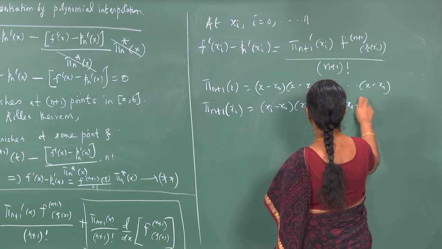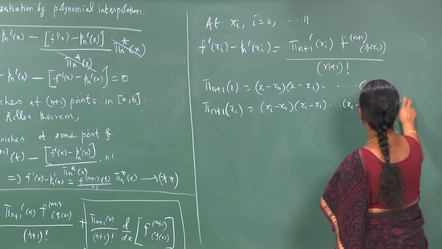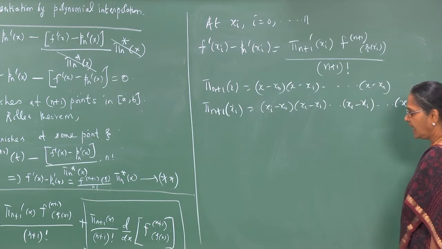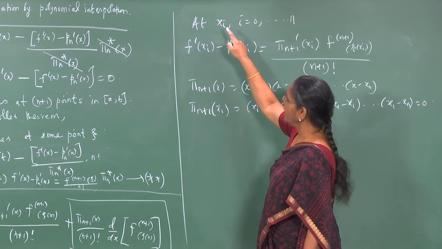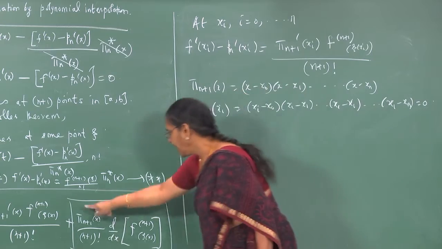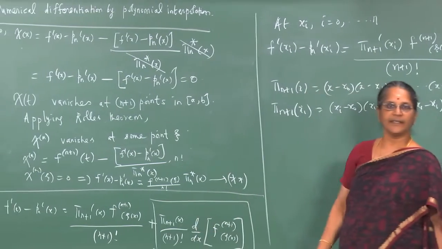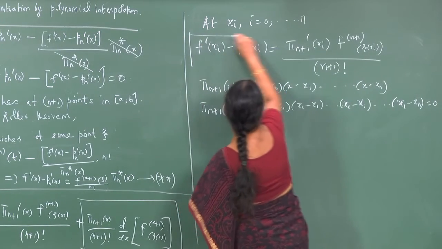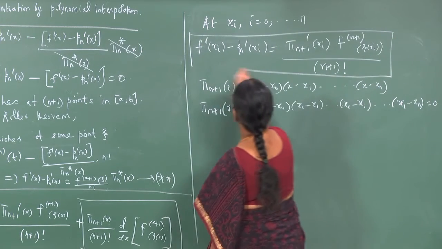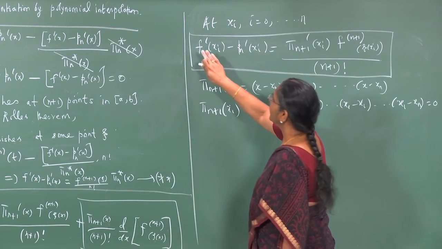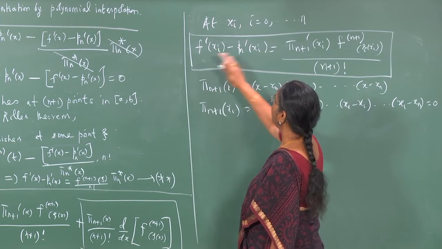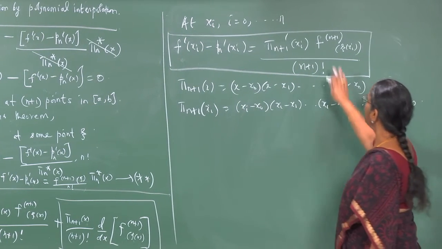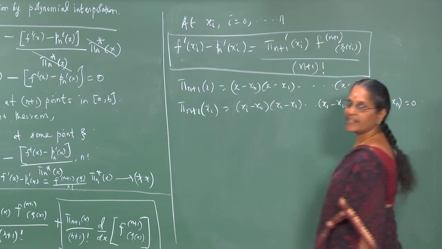There will be a factor (xi minus xi) into (xi minus xn), and so this is 0. Therefore, at the nodes xi, the second term vanishes, and we have an estimate of the error in approximation of the derivative f dashed by the derivative of the Lagrange interpolation polynomial as given by the right hand side.